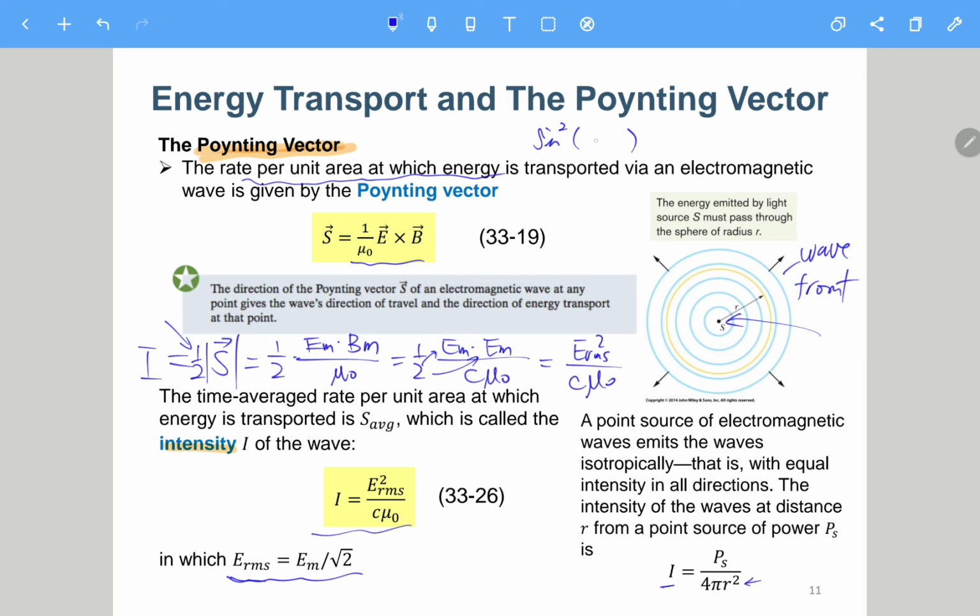It is actually just like EM times BM, times 1/2 times 1 minus cosine of 2 times this stuff. So this is still like a sine wave. So it's the property of a wave.